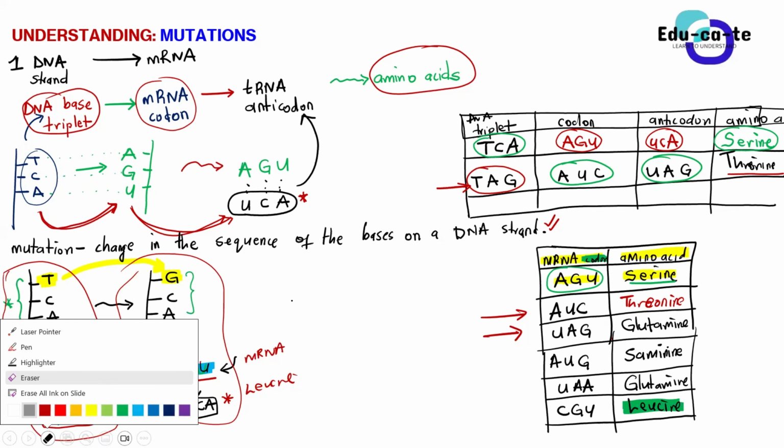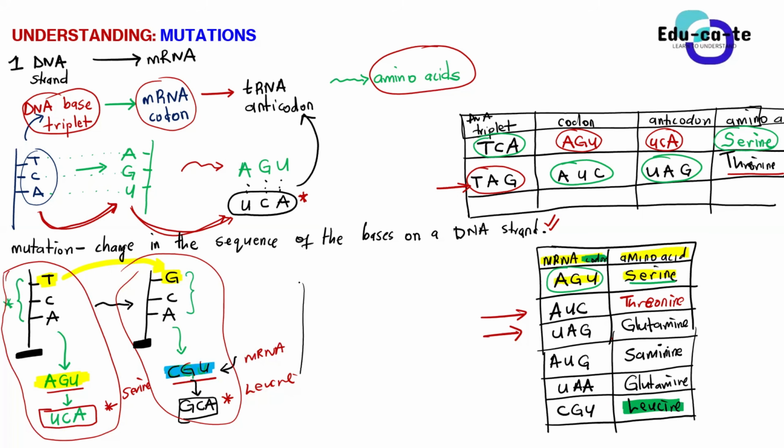First, tell them what changed. What has changed in these two strands? From TCA to GCA, what's the difference between them? Thymine changed to guanine, sir. Yes, you can say that the nitrogenous base thymine changed to guanine, or that a thymine was replaced by guanine on the DNA-based triplet.